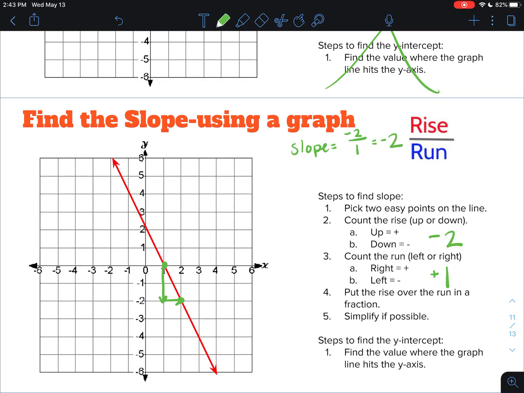I'm hoping you know -2 over 1 is the same thing as -2. And notice our slope is negative, but remember how I talked about if you're reading it from the left to the right, notice the line does go down. So your slope should be negative. So it's always good to check and keep that in mind. And then our y-intercept looks like it's at +2.